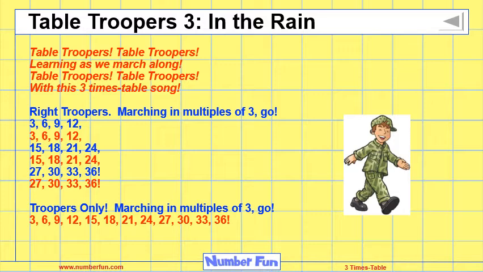Go! 3, 6, 9, 12, 15, 18, 21, 24, 27, 30, 33, 36. Troopers only marching in multiples of 3. Go! 3, 6, 9, 12, 15, 18, 21, 24, 27, 30, 33, 36.